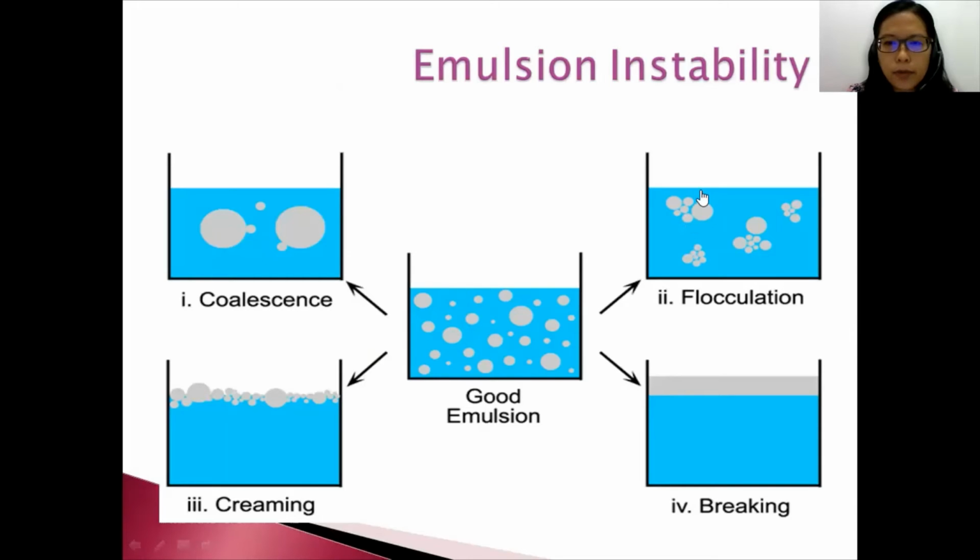When the flocculation is very severe, they will collapse and the droplets will become bigger and bigger. This is called coalescence. The flocculated droplets may also tend to cream, so the creaming process will occur. After the creaming, it will finally lead to the breaking process, or phase separation between the oil and aqueous phase.